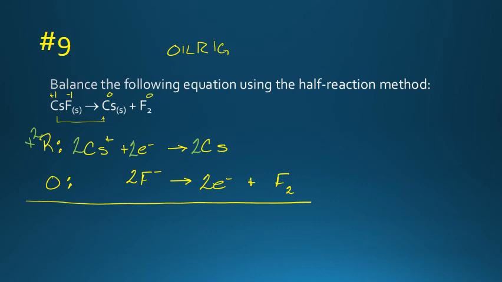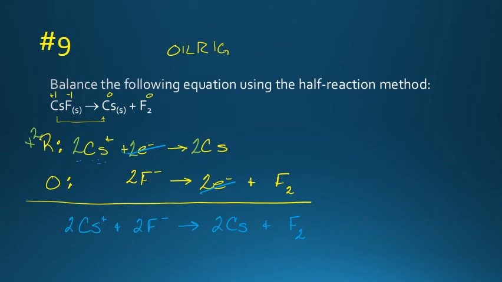Now I'm ready to add it up. Bringing these down, so we have 2 cesium ions and 2 fluorine ions, and the electrons canceled. So then I'm left with 2 cesium atoms and 1 fluorine element.